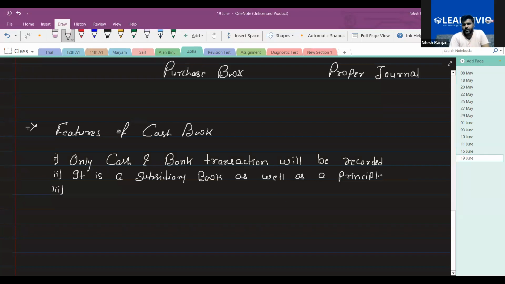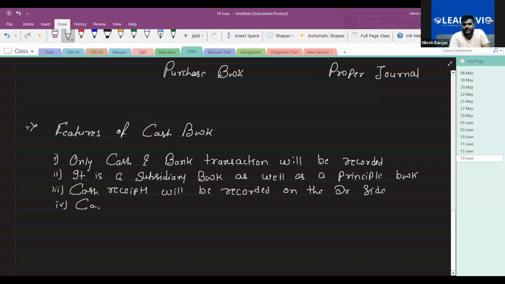Then cash receipts will be recorded on the debit side because debit what comes in, and cash payments will be recorded on the credit side.